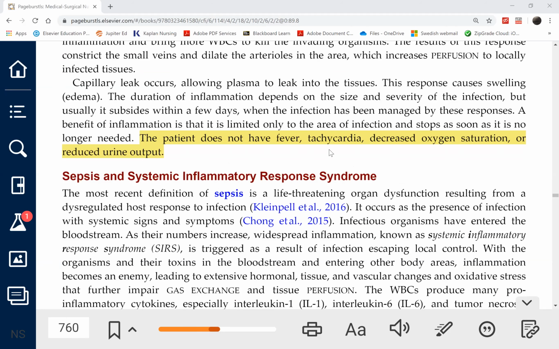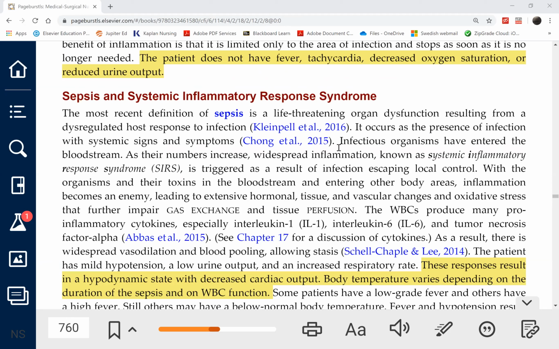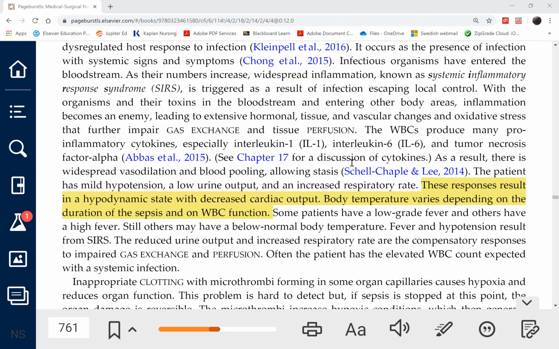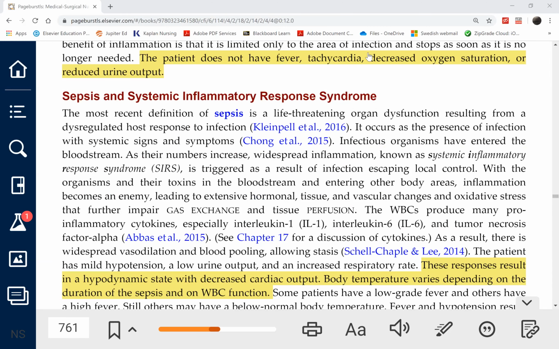If the patient doesn't receive antibiotics, or the antibiotics are not effective against the current infection, then the patient goes into SIRS.